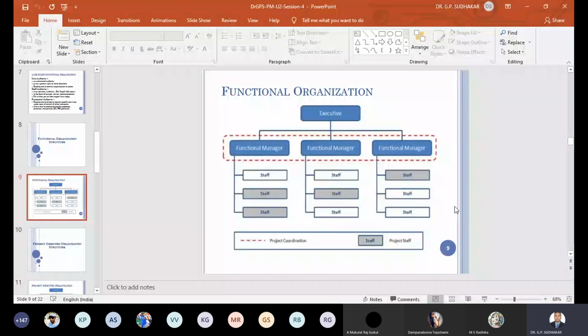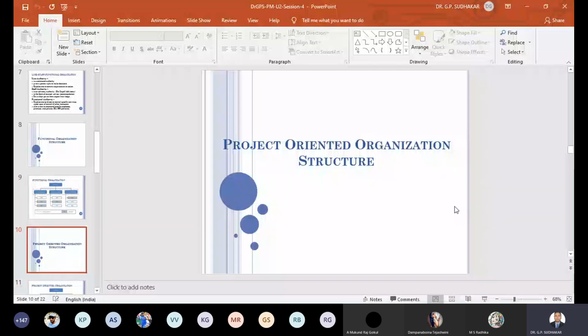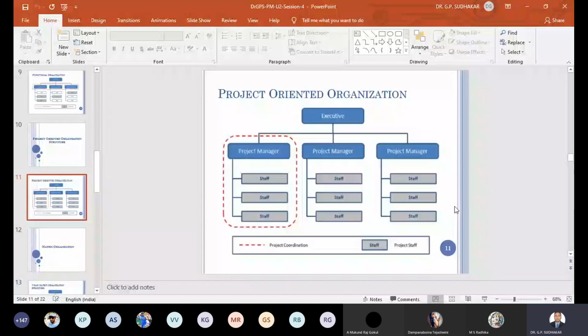So let's move on. That is, the project coordination is at a vice president's level. Next, the project oriented organization structure. See, basically in this kind of organization structure, there will be different project managers directly reporting to the CEO. Each project operates independently, right?